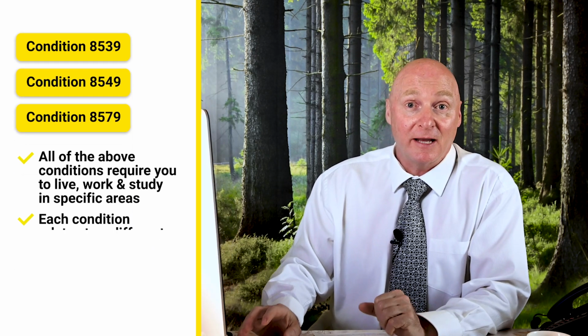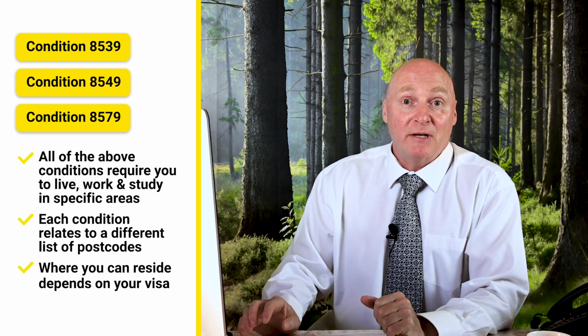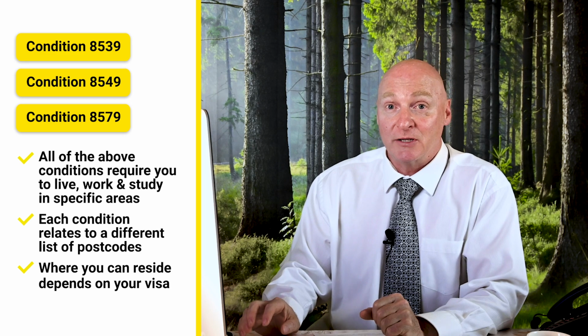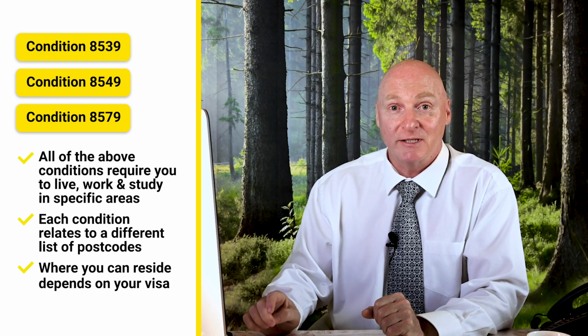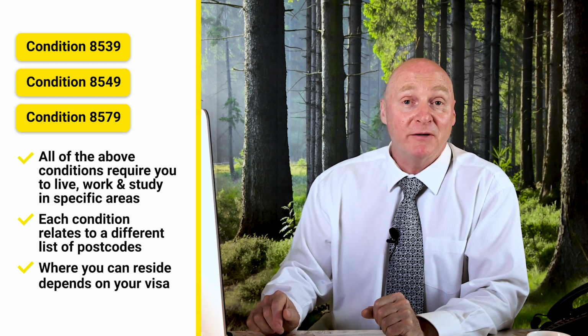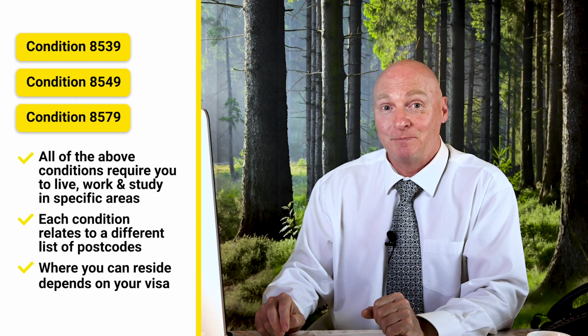Now, Conditions 8539, 8549 and 8579 essentially mean the same thing. Each relates to a different set of postcodes within Australia. I highly recommend that you watch our previous episodes before continuing, where I explained all the different visas and different lists of postcodes that apply to each visa.